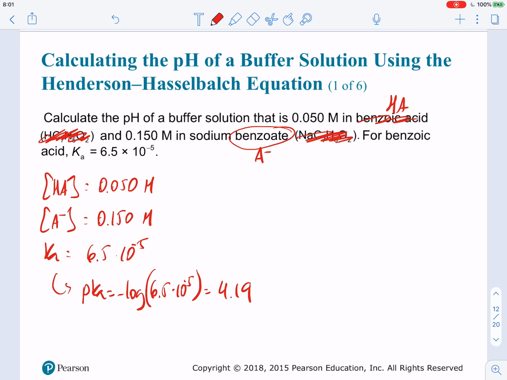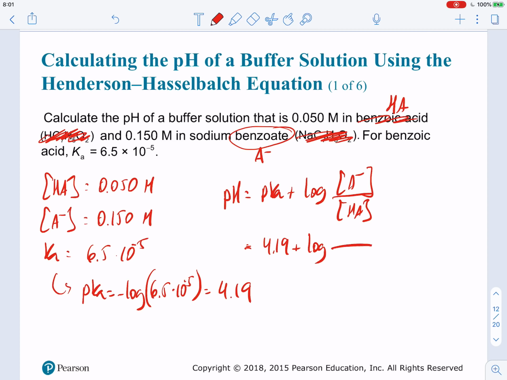Okay, so now simply pH is going to be pKa plus log of A minus over HA, and this is 4.19 plus log of, the base is 0.150 and the acid is 0.050, and at the end we obtain 4.67.